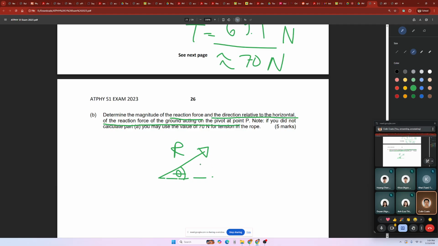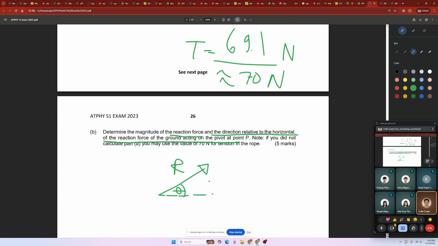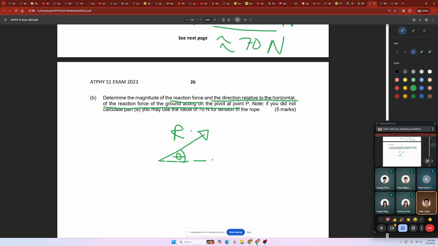We already established that it has to go that way. So it's the only one that has a horizontal component, so it has to go to the right to counter the tension, and it's the only one going up, so it has to go up as well.